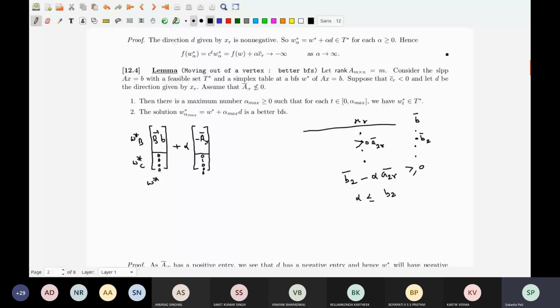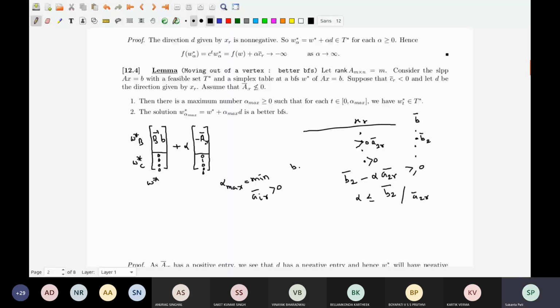And this has to be satisfied at every place where the rth column is positive. Therefore the maximum extent of alpha is equal to the minimum of the ratios.